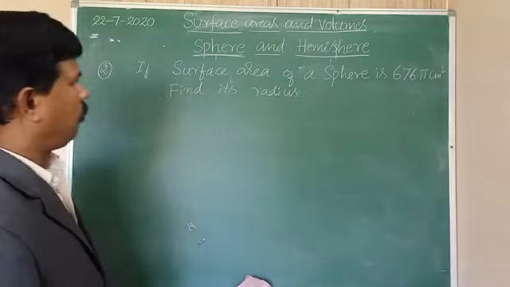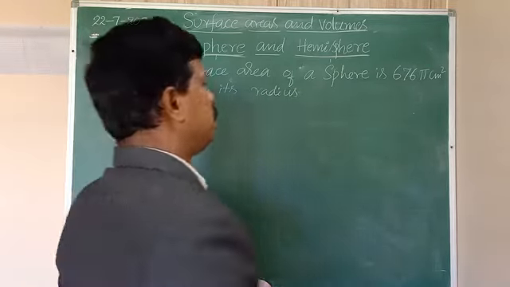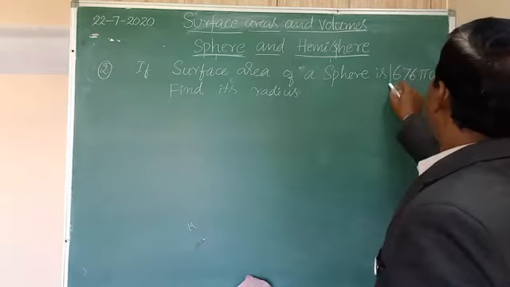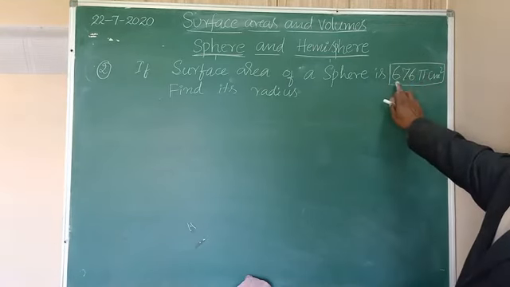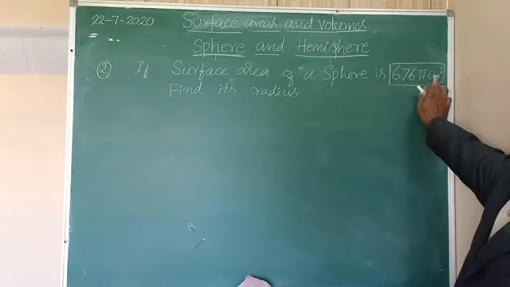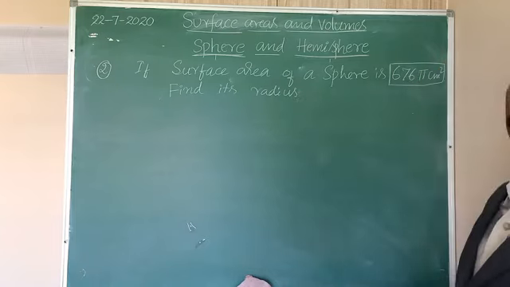See, here is a problem. If the surface area of a sphere is 676 pi square centimeter, now we should find out the radius.